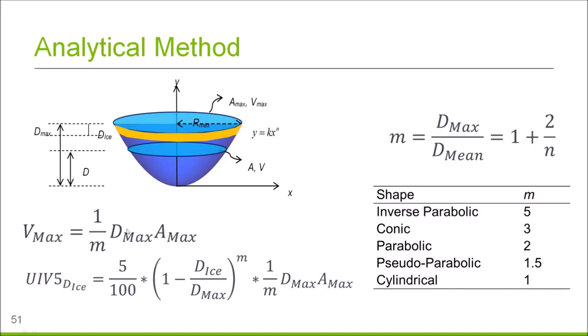So if you have information on the maximum depth of a lake, the maximum surface area of a lake, and you know the lake shape, or you assume a lake shape, you can estimate maximum volume using this formula. And we can change the formula a little bit to estimate the 5% under-ice volume of the same lake, right? You need to know the thickness of the ice in order to estimate that number.